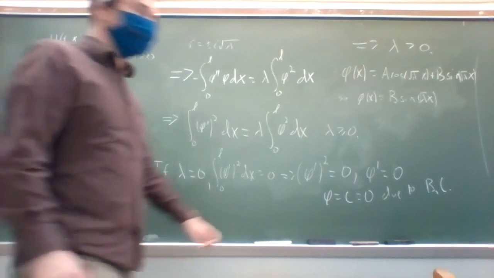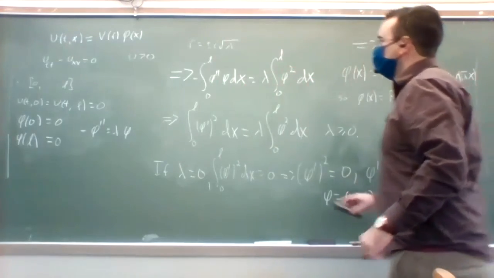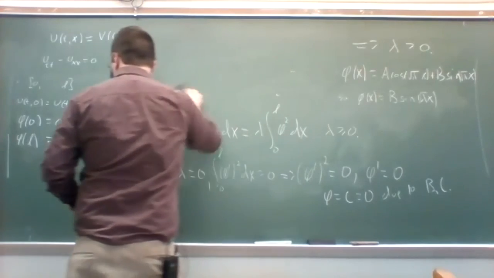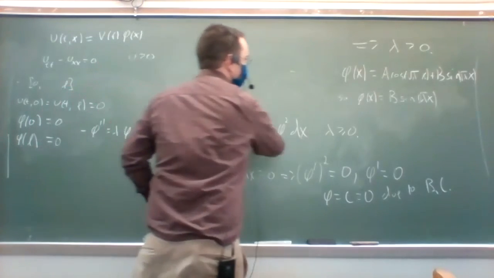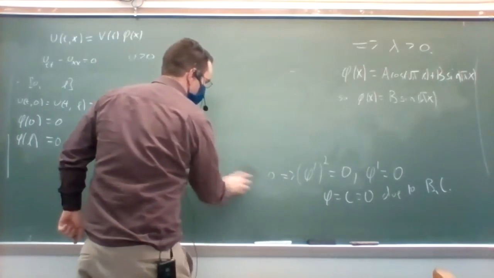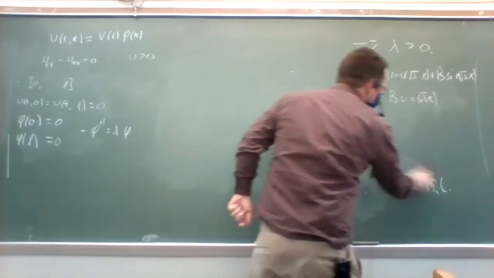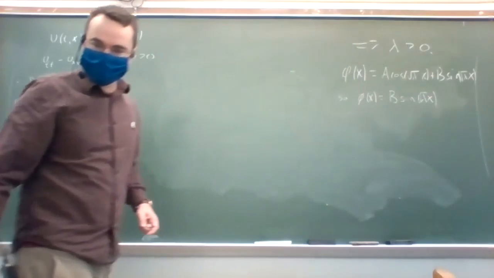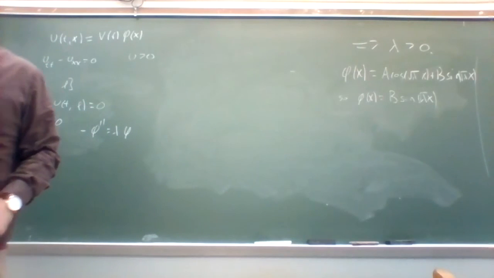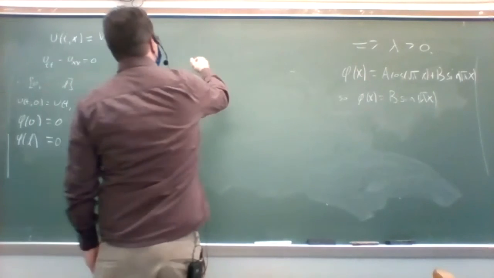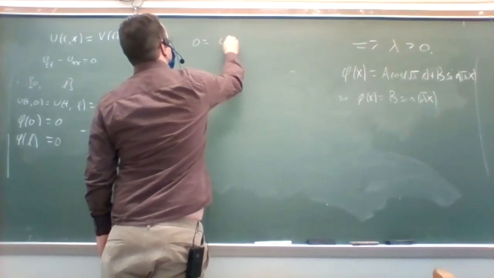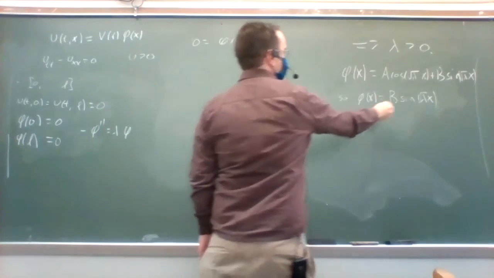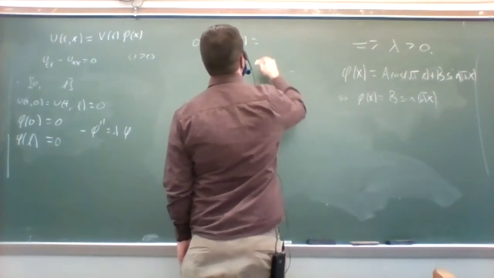Let's figure it out. The question is, what about phi of L also being equal to 0? I mean, this also puts a constraint on lambda, doesn't it? Because if I have 0 equals phi of L equals, let's take b equals 1, doesn't really make a difference.